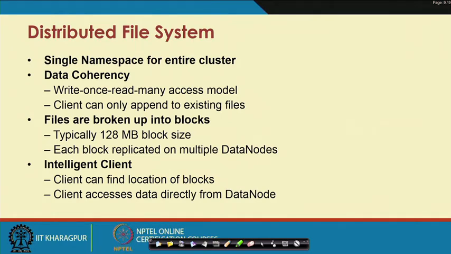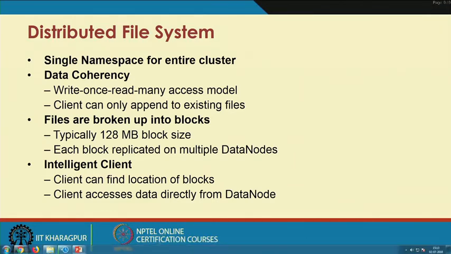And as we have discussed, you have only a single namespace for the entire cluster. So, everything is under the root directory, which is /, and you have different subdirectories, just like a Unix file system. And we have also seen that you have a write once and read many times access model. Now, the way this works is that you can do a contiguous read very fast.